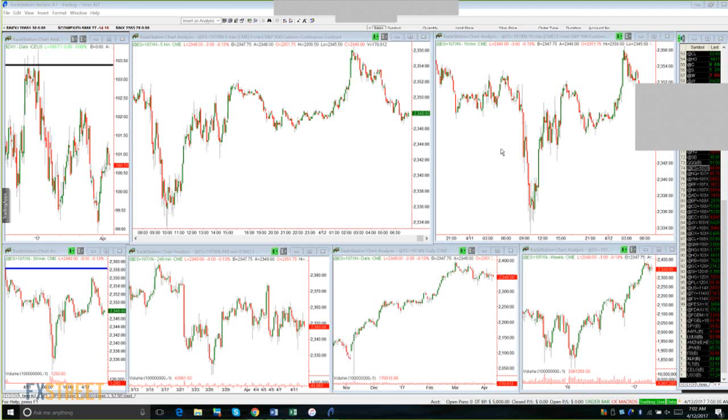By understanding where your key supply and demand levels are, meaning where there are many unfilled buy orders and unfilled sell orders, willing buyers and sellers, we can figure out where market prices are going to turn with a very high degree of accuracy. And once we can identify those market turning points, that means we also know where they're not.